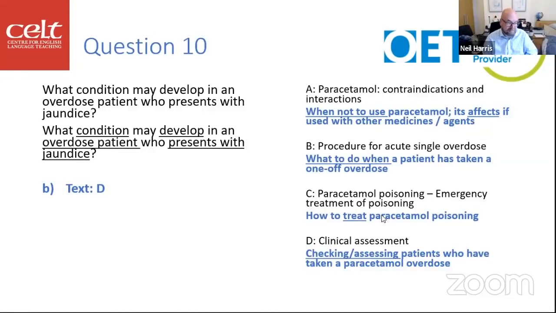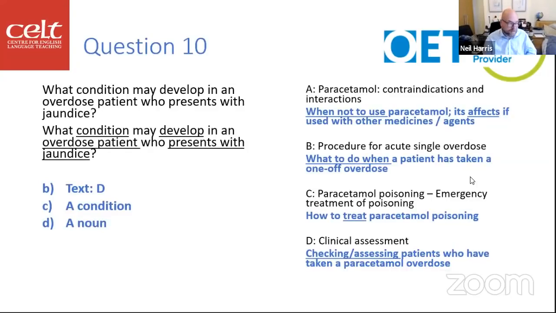This is the assessment stage, the clinical stage. So obviously at this point, we're thinking about when you're assessing someone, they have jaundice, and there's your link for the passage. What condition may develop? There we have. We know we're looking for a noun as well.